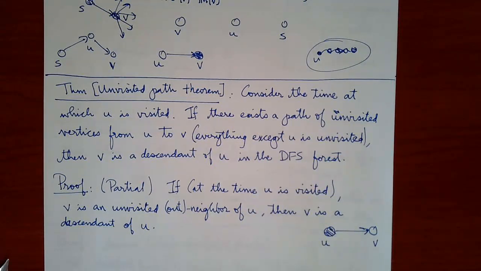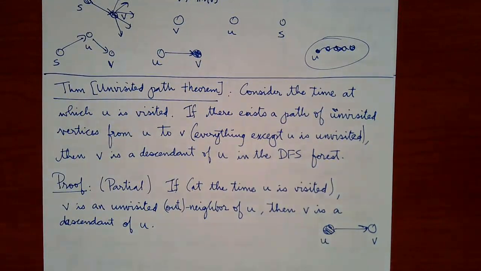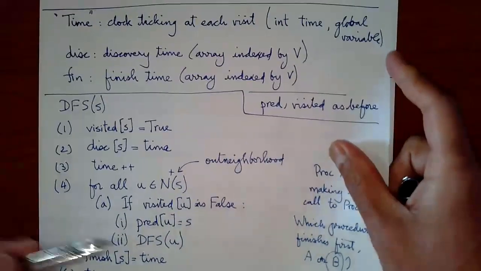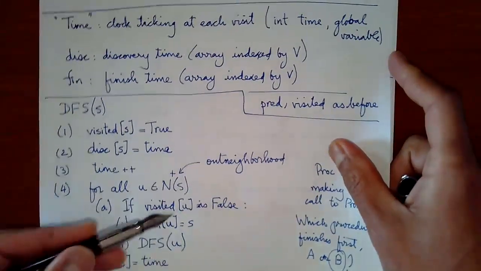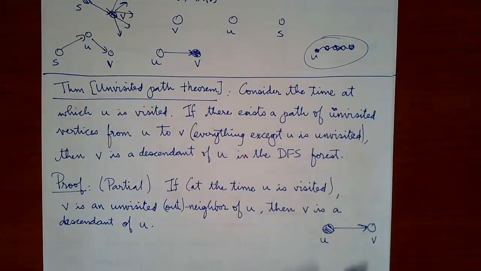So why is this the case? How do you know that V is going to become a descendant of U? Because when you're doing DFS, I should have called it S instead of U. You're going through the neighbors, but you might not go through this neighbor. You might go through some other neighbor first.